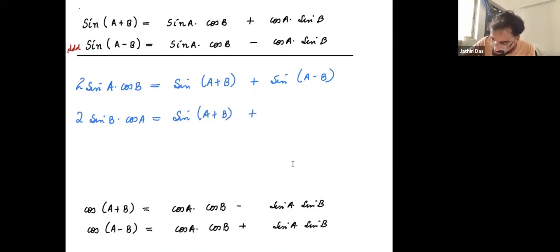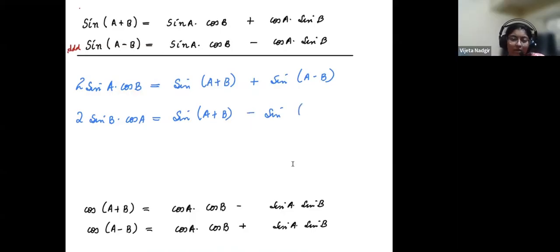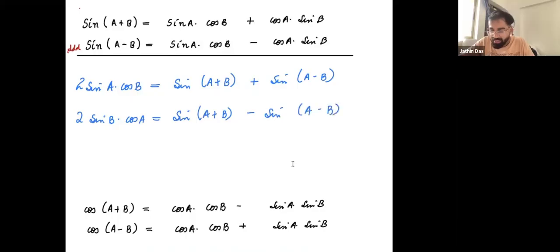Okay. Plus sin B minus A. But can I take the sign like this and change? Usually students study like this, but okay. I remember it as sin and cos. I directly use it like that, then I know what to do. Change the angle. Okay.